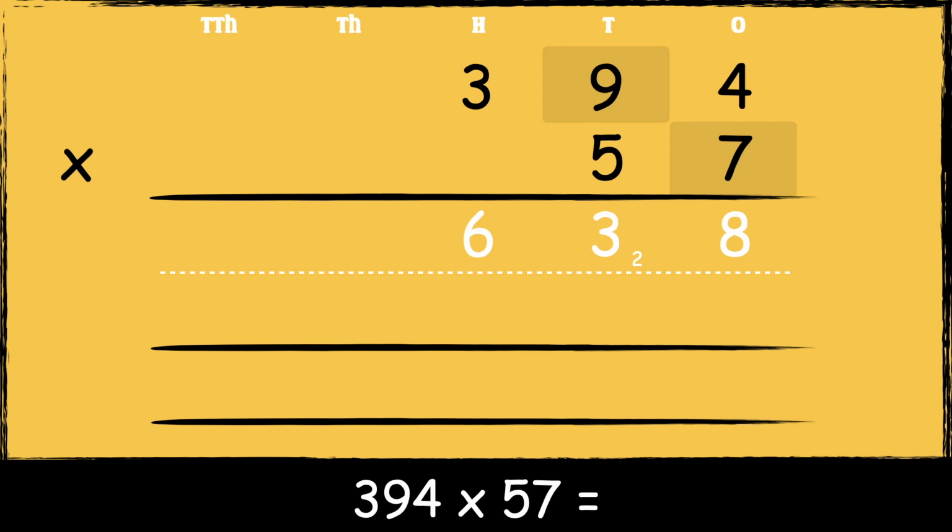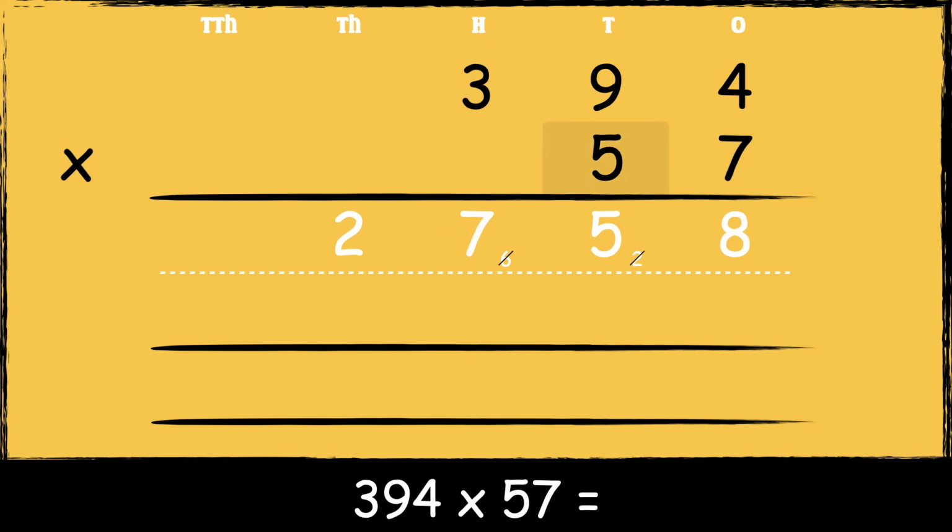We need to add the 2 tens below, so 63 add 2 is 65. We carry the 6 below in the hundreds column, as it represents 6 hundreds. Now we can multiply 7 by 3 hundreds. 7 times 3 is 21. We need to add the 6 hundreds below, so 21 add 6 is 27.